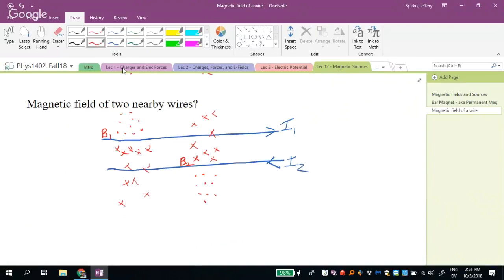So what does B total look like? I'm going to use A, B, C to represent region A up above wire 1, region B in between, and region C below wire 2. So B in region A would have a positive or a negative contribution from B1.